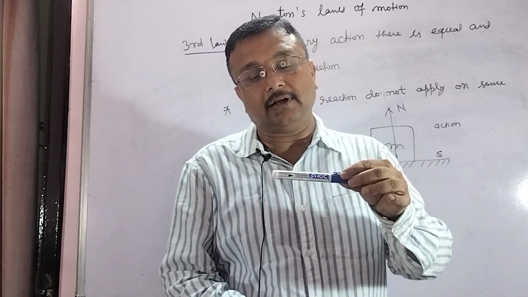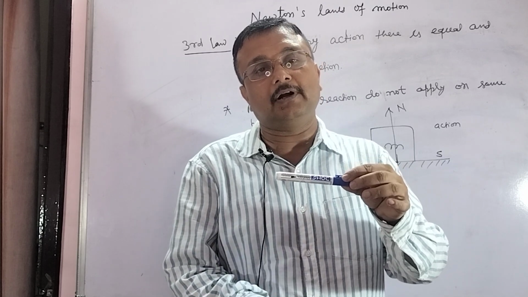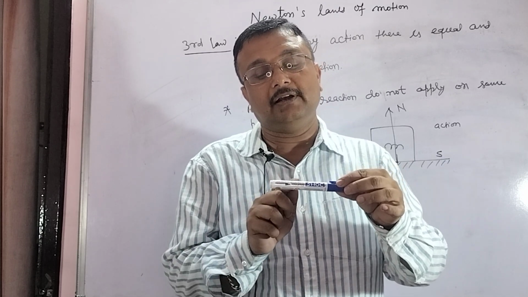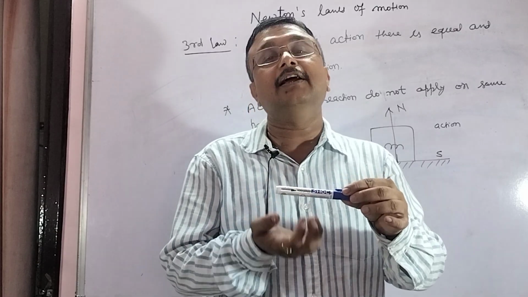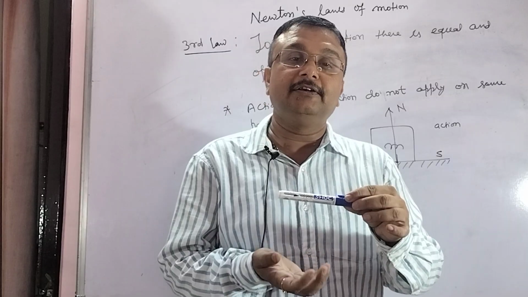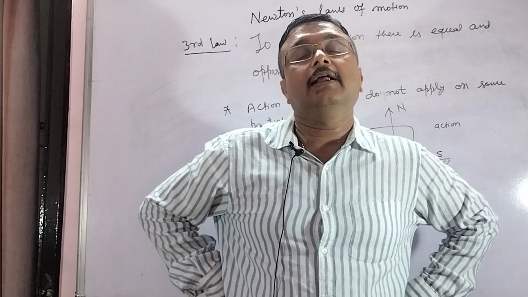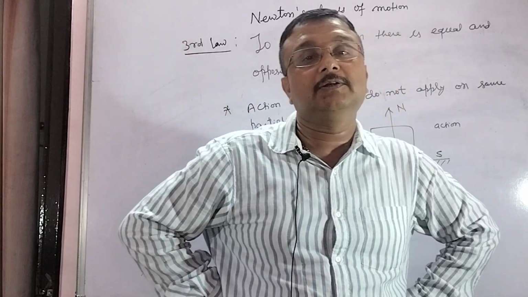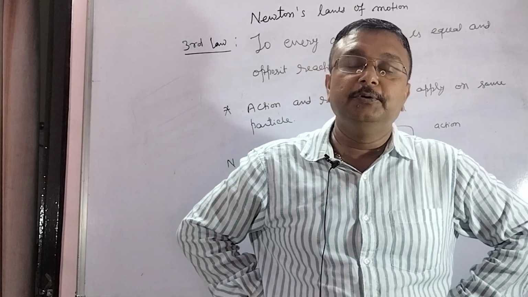Because we say that the earth's gravitational pull is here, so the earth is pulling this body in the downward direction. So what it does? It also pulls the earth in upward direction. The difference is only that the acceleration will be so small that we will not be able to measure it or experience it, but these are natural laws explained by Newton only.